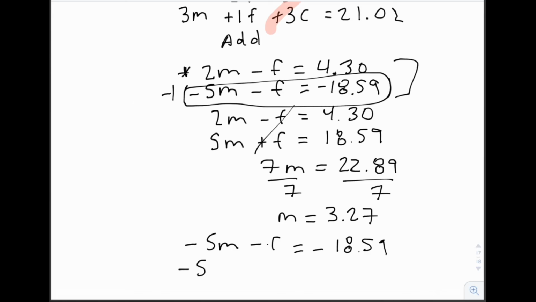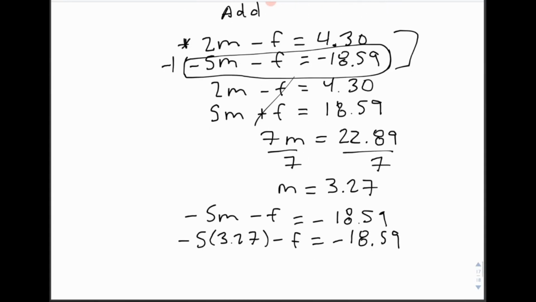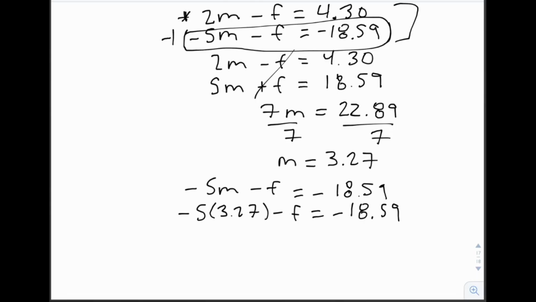So negative 5 times 3.27 and then minus F, equal to negative 18.59. We need to do some simplification here. This should get us negative 16.35 minus F equal to negative 18.59.